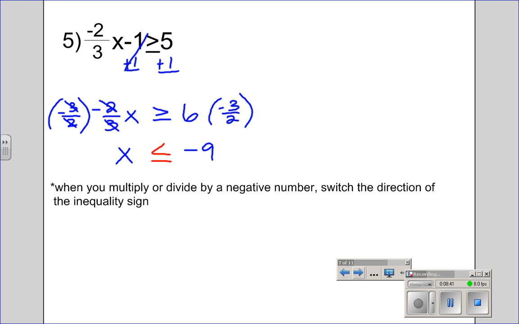Again, we're going to end by putting that on a number line. Close the circle because it's less than or equal to, and shade left when it's less than. So remember, if you're multiplying or dividing by a negative, don't forget to switch the direction of the inequality sign.